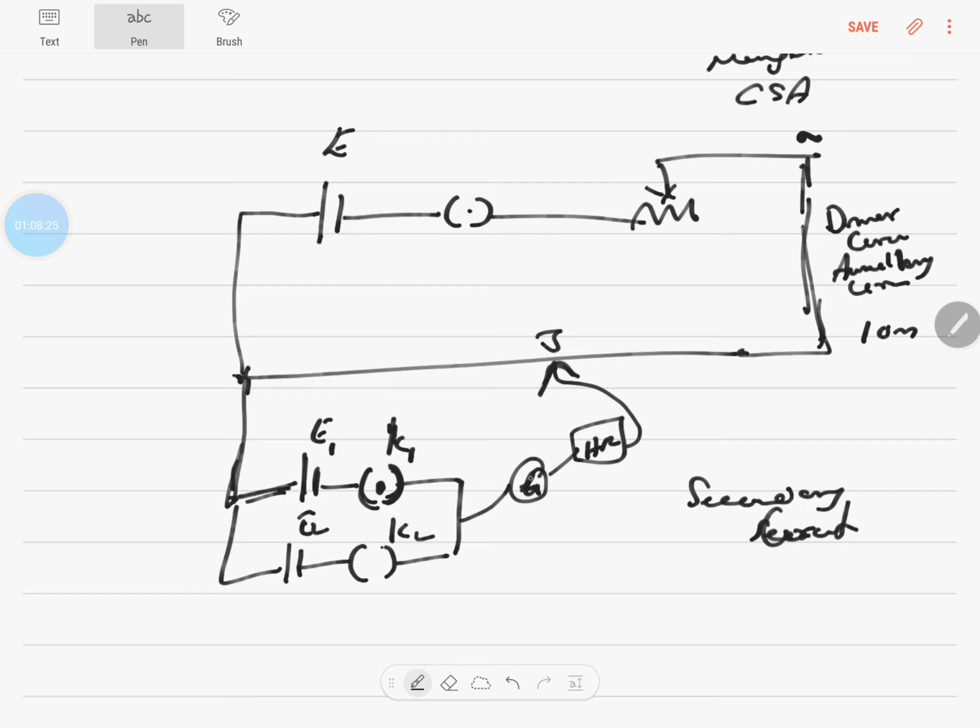If there is no current through the galvanometer, which means there should be no current flowing in the circuit, this battery and the battery E1 should be at the same potential. So normally we choose batteries such that if this is 4 volts, this has to be 2 volts, so that this 4 volts can drop down to 2 and become equal, and thus E can be equal to E1. Similarly, in the next case, when K2 is connected, E can drop down to E2.